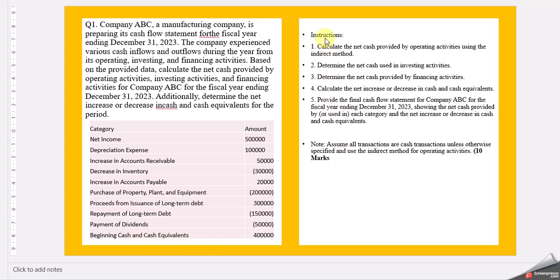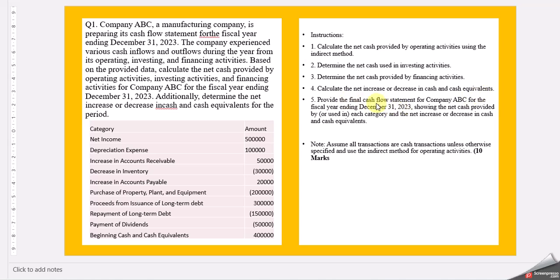The instructions given are: calculate the net cash provided by operating activities using the indirect method. Determine the net cash used in investing activities. Determine the net cash provided by financing activities. Calculate the net increase or decrease in cash and cash equivalent.